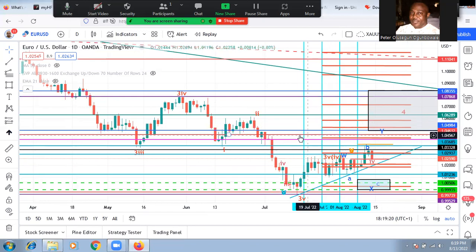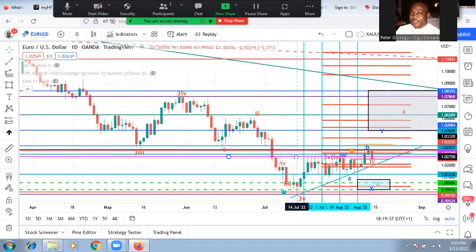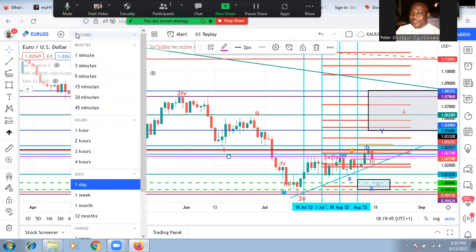So if you're going to do anything now to sell, on the daily, if we have a price action to sell, then between these two lines you can look for a sell to the downside.